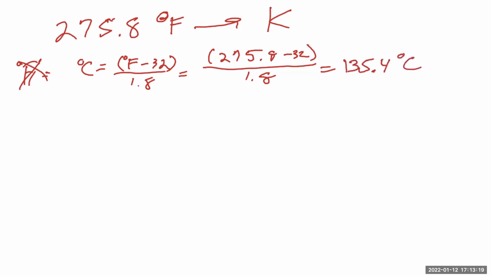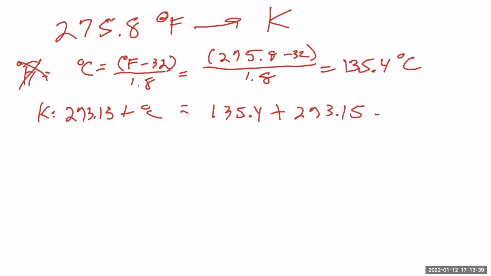Okay, so now I've got degrees centigrade. We know Kelvin is equal to 273.15 plus our degrees centigrade. So our degrees centigrade is 135.4 plus 273.15, and that's going to come out to our degrees Kelvin.